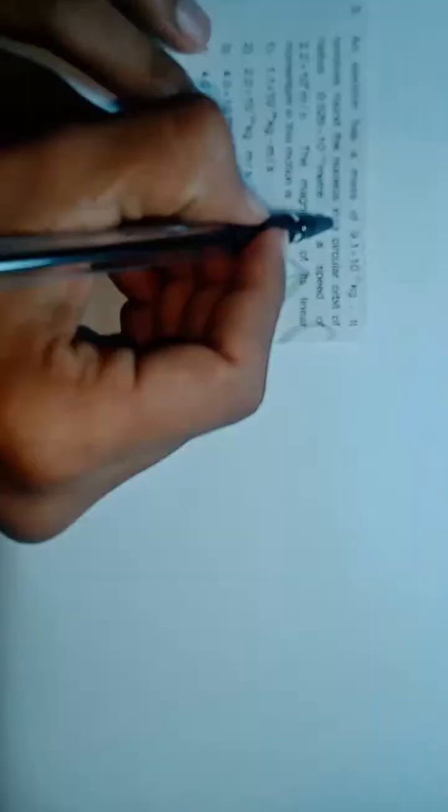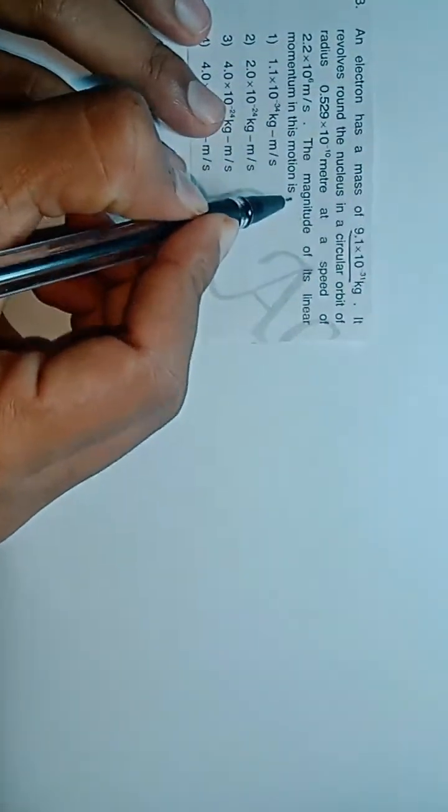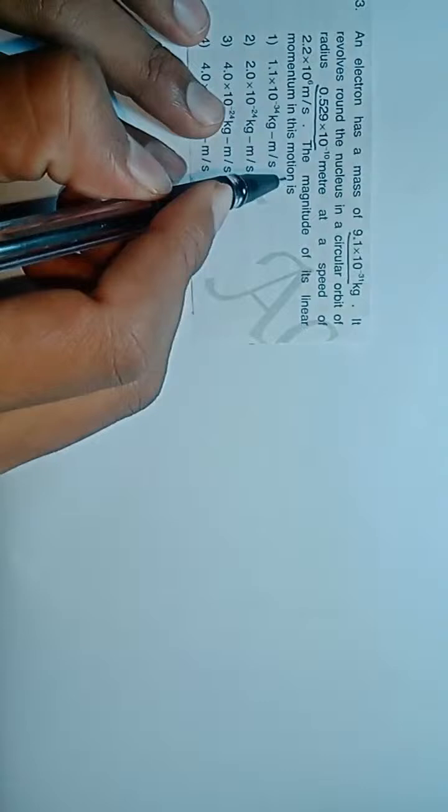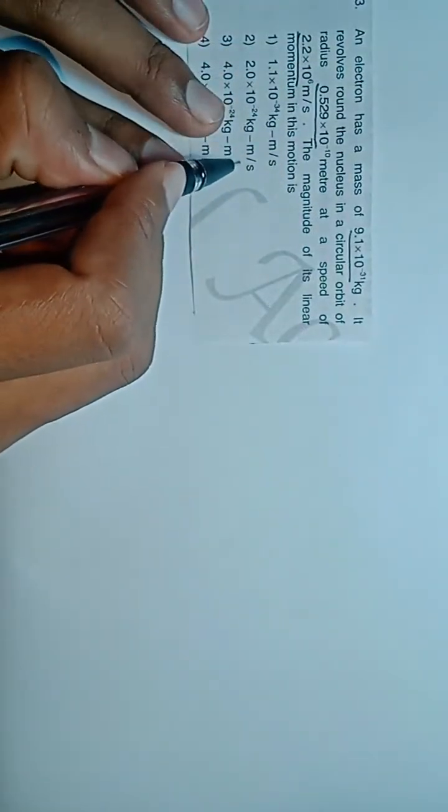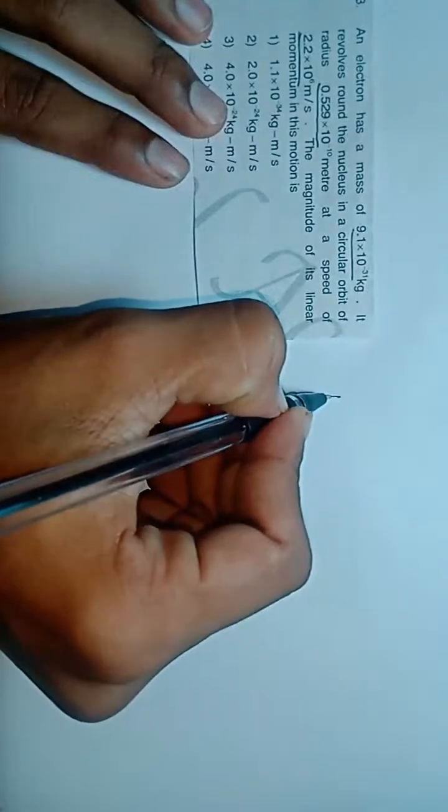The magnitude of its linear momentum in this motion is, yes, they have given a mass, a radius, and the speed with which it is revolving, and they are asking for the linear momentum of this motion.